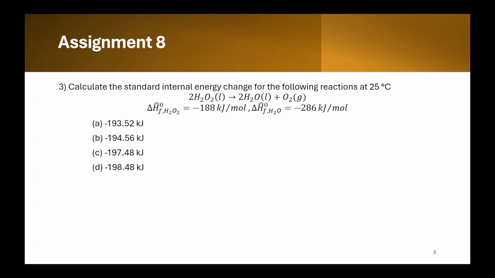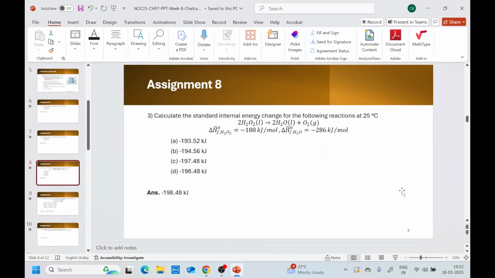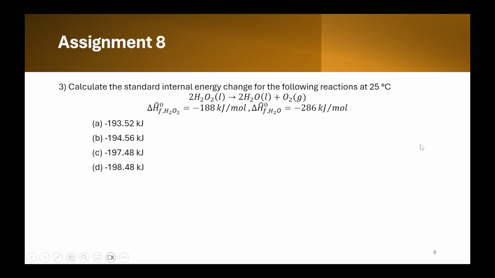Calculate the standard internal energy change for the following reactions at 25 degrees Celsius. So this reaction is given to us.